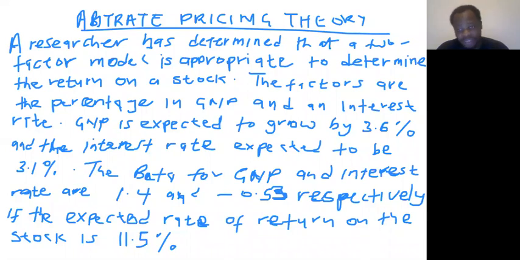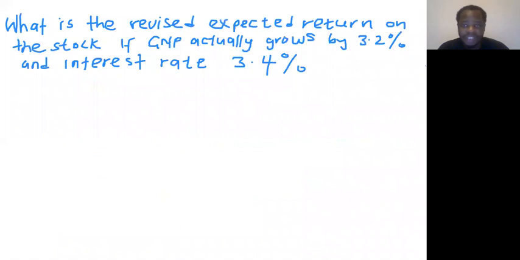The beta for GNP and interest rate are 1.4 and negative 0.53 respectively. If the expected rate of return on the stock is 11.5%, what is the revised expected return on the stock if GNP actually grows by 3.2% and interest rate 3.4%?